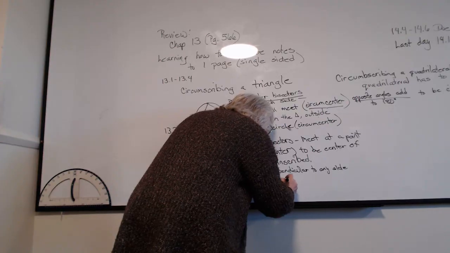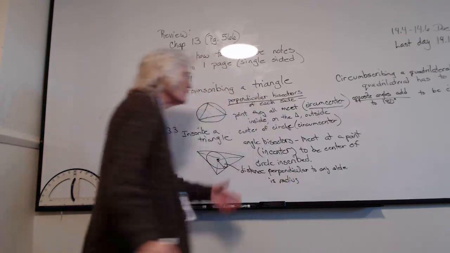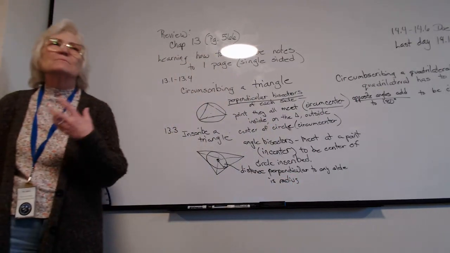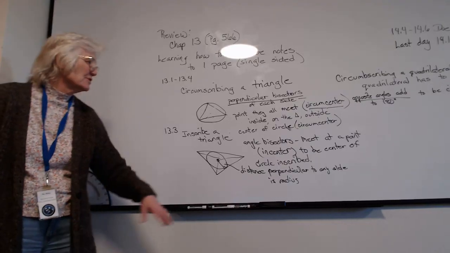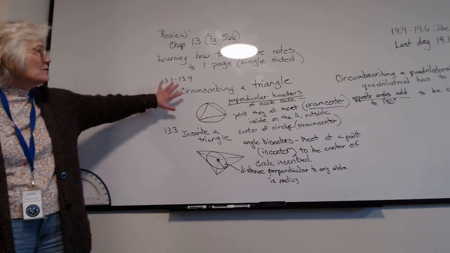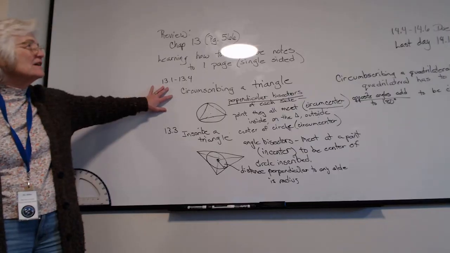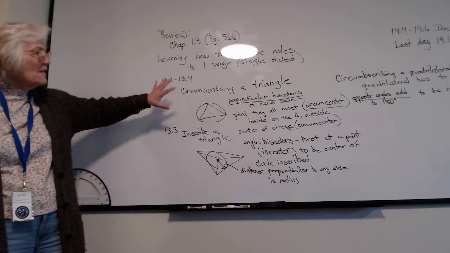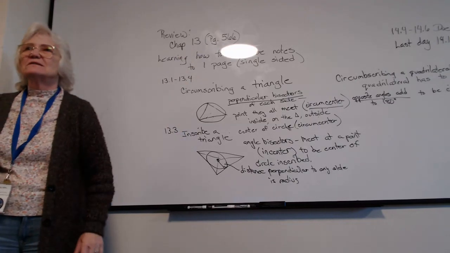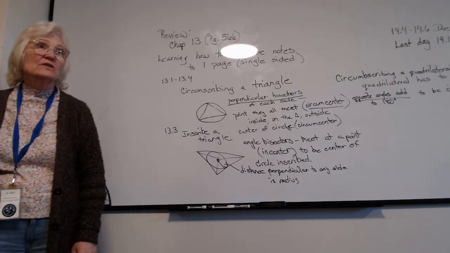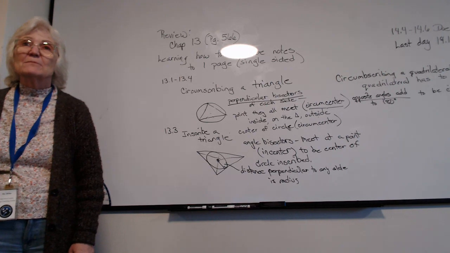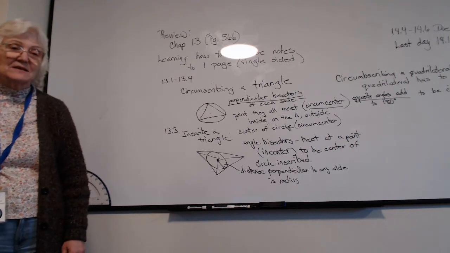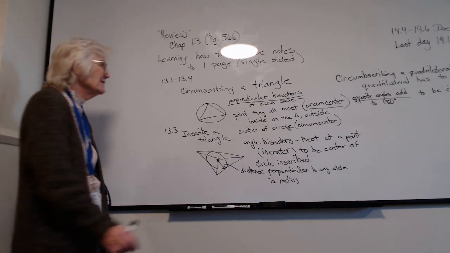I don't care how you write this. You don't have to write what I write. Make it make sense to you so you know what to do. But we have now just done 13.1 through 13.3. That little amount is what you can do. You can use that little amount of paper, really. That's what we're covering.